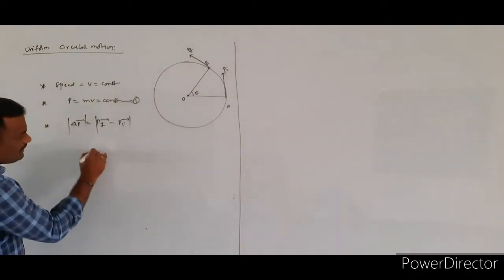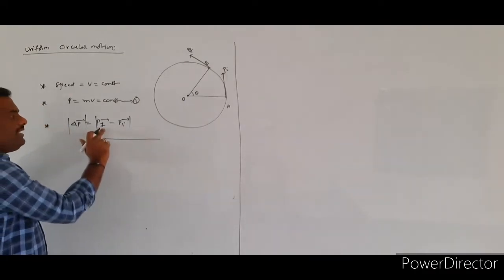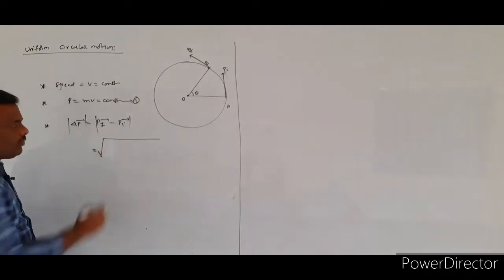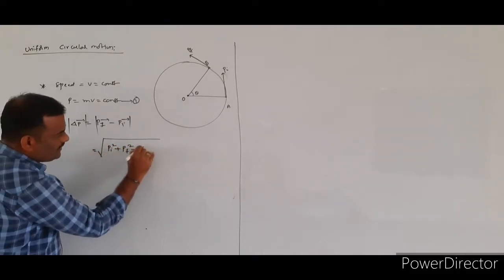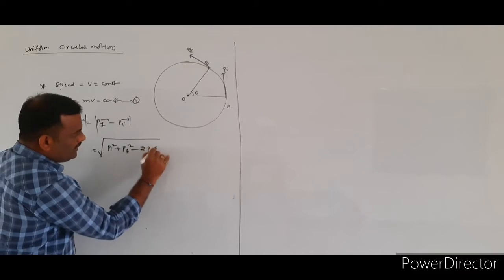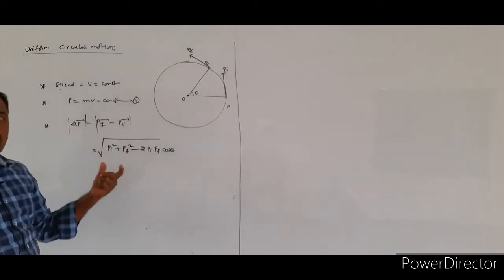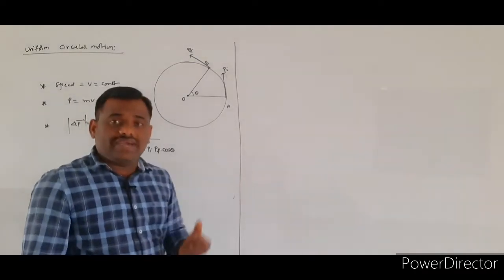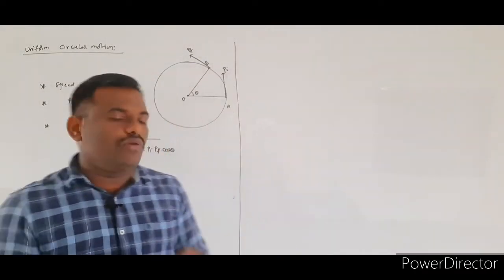So the general expression is: modulus of pf bar minus pi bar is equal to the square root of pi square plus pf square minus 2 pi pf cos theta. Yesterday also we wrote the same formula. According to vector subtraction, we are calculating the magnitude of the change in momentum.